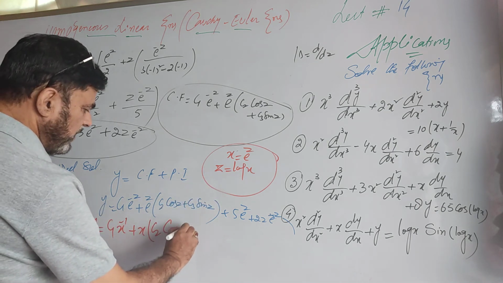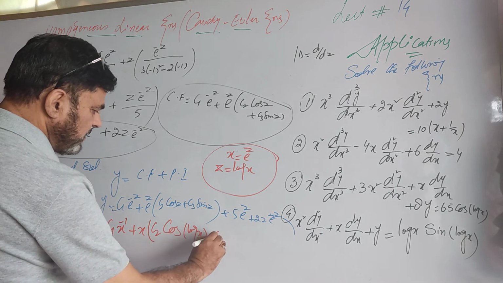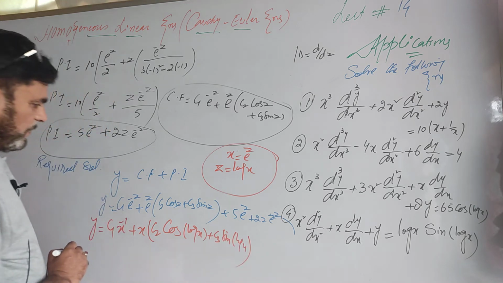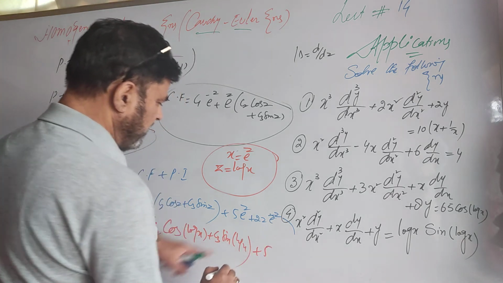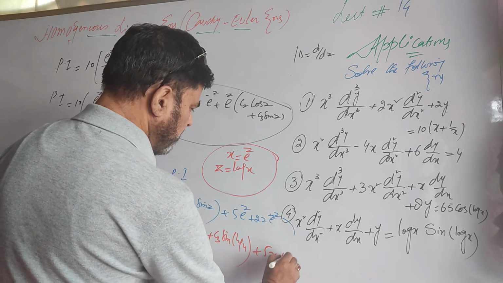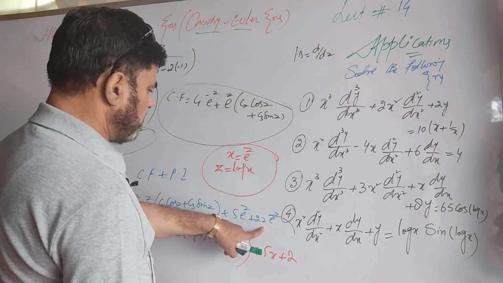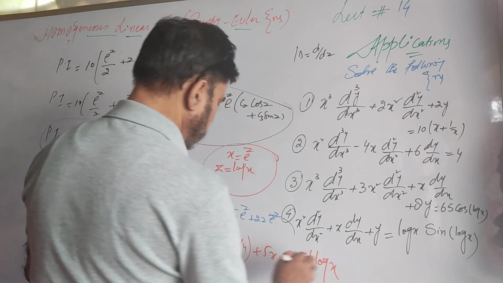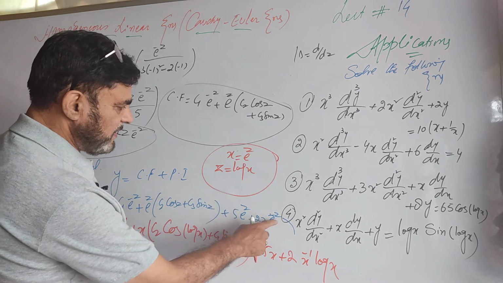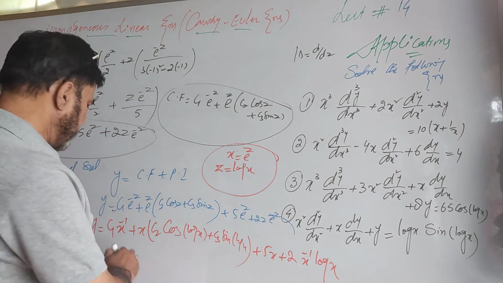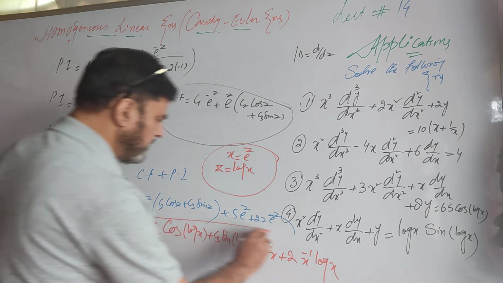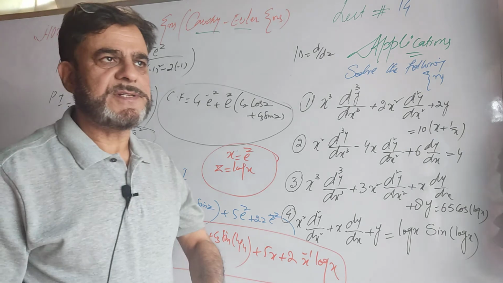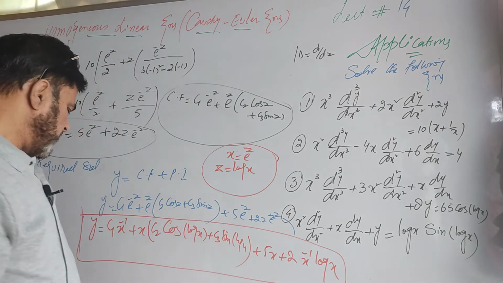Log x, it is log of x, plus c3 sin of log x, this is the complementary part, plus 5 e raised to the power z means 5x plus twice, what is z, it is log x, x raised to the power minus 1 log x, because z is log x, e raised to the power minus z means x raised to the power minus 1. This is the complete solution of this differential equation, which was a homogeneous linear differential equation or Cauchy Euler differential equation.